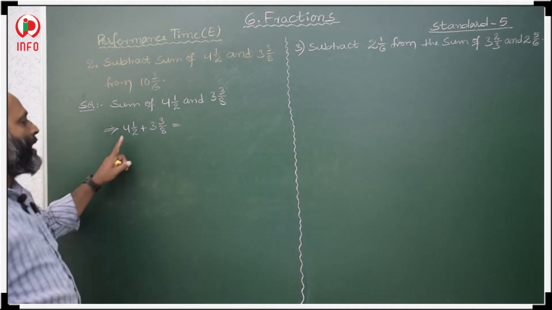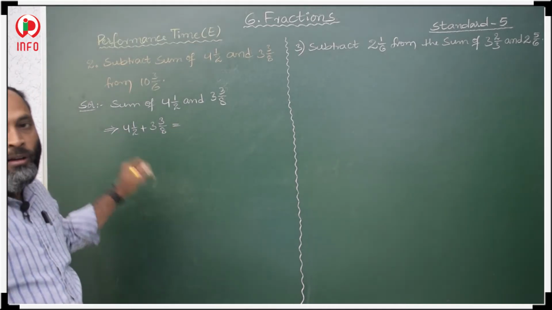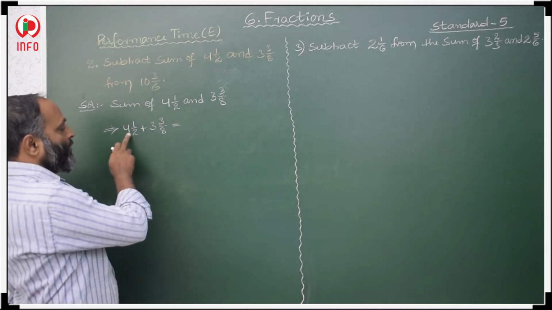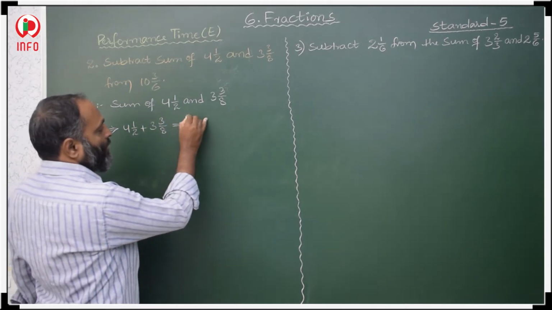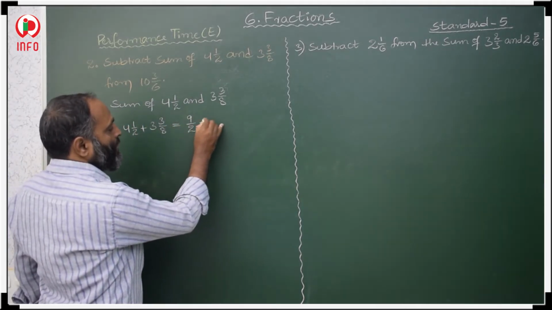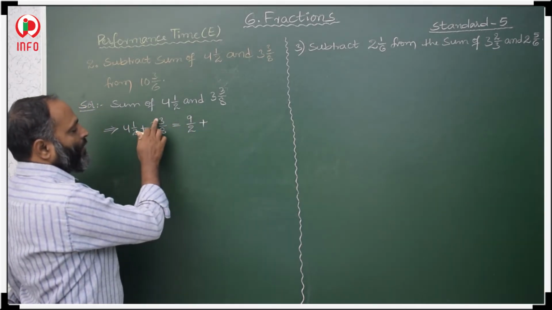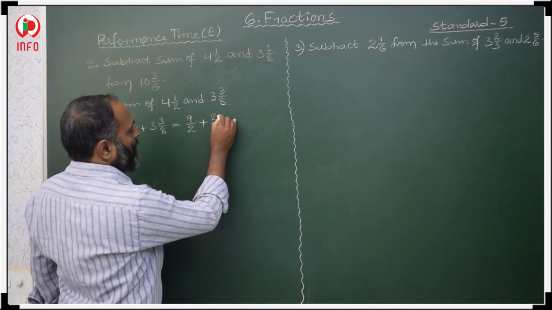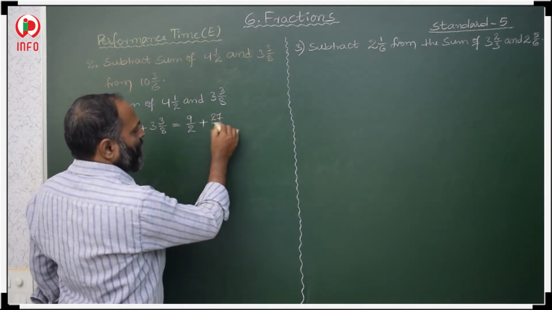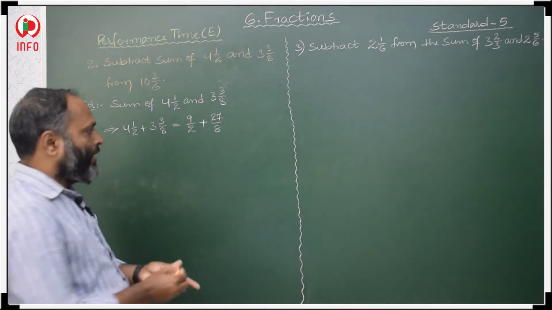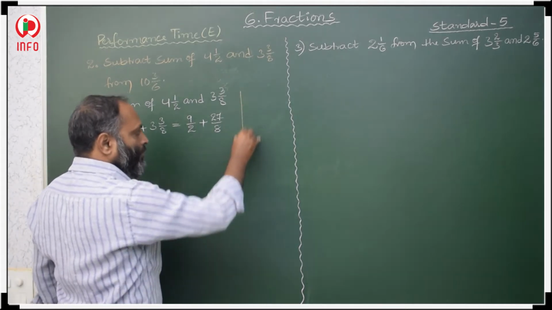These mixed fractions we have to convert into improper fractions: 4 twos are 8 plus 1 is 9, so 9/2; plus 8 threes are 24 plus 3 is 27, so 27/8. Now, this is our rough column.